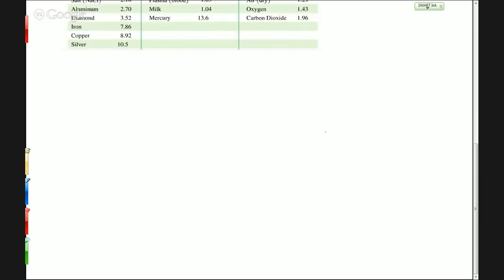So let's say that you need to give somebody 2.0 teaspoons of cough syrup. And the density of cough syrup, what would you guess?